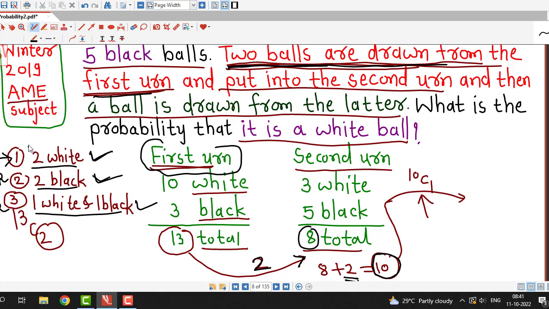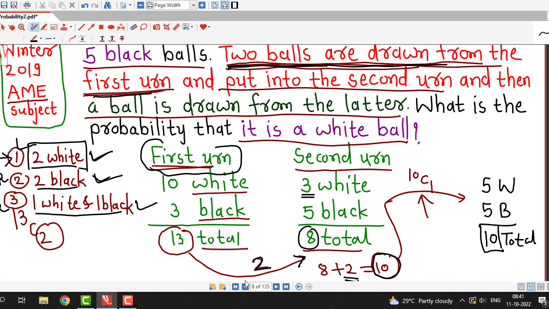If we consider this first way, where two white balls are drawn, then the second urn had 3 white balls and we are adding two white balls. So now there will be 5 white and 5 black balls in the second urn, that is, 10 balls in total.